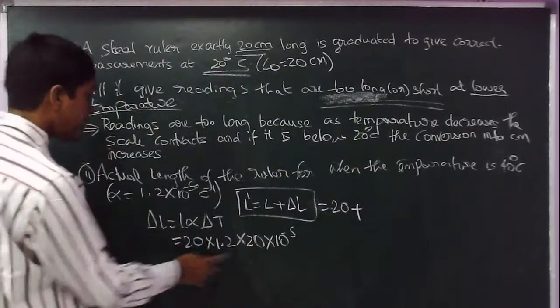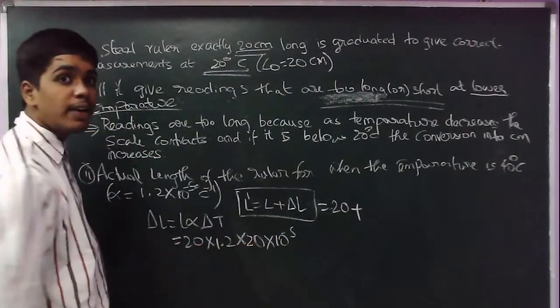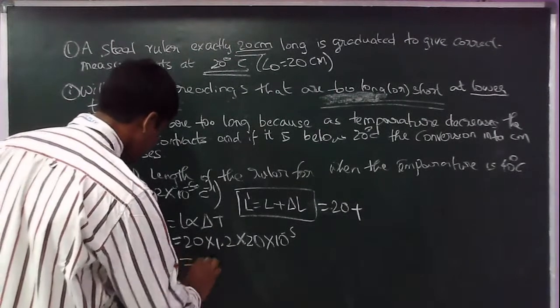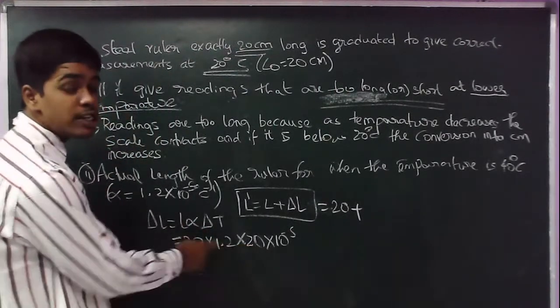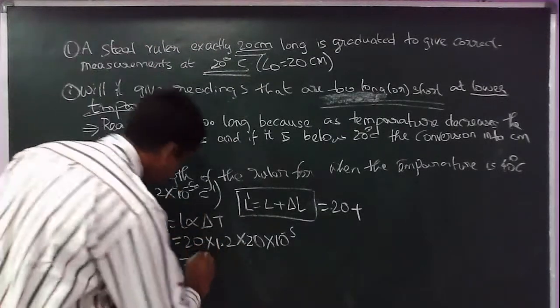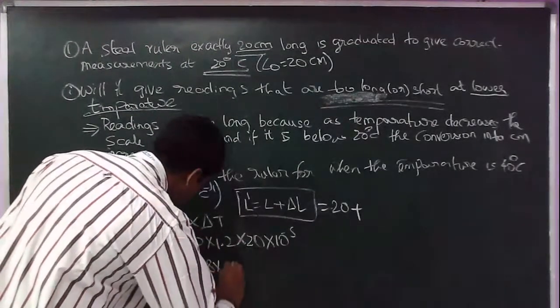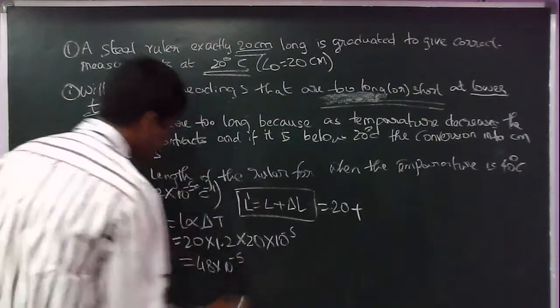So 20 into 20 is 400, 400 into 1.2 is 480, so 48 into 10 to the power of minus 5.